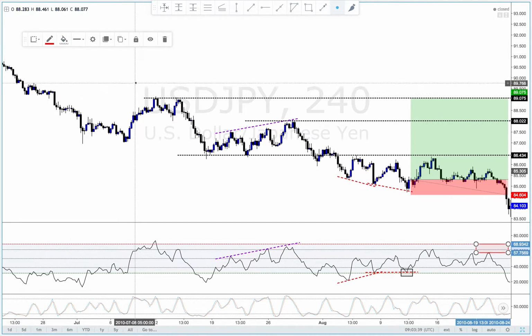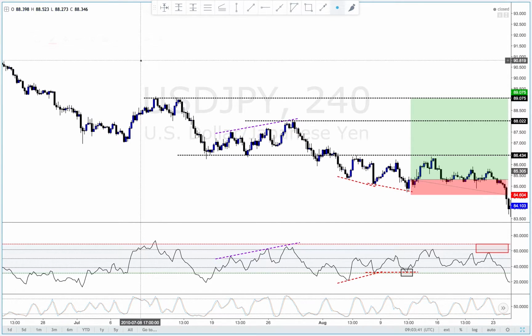Let's put a little square in. We'll just keep extending it as we go. I want to see bearish hidden divergence, which would mean the RSI comes above the most recent high and price cannot make new highs. Let's see if that happens.